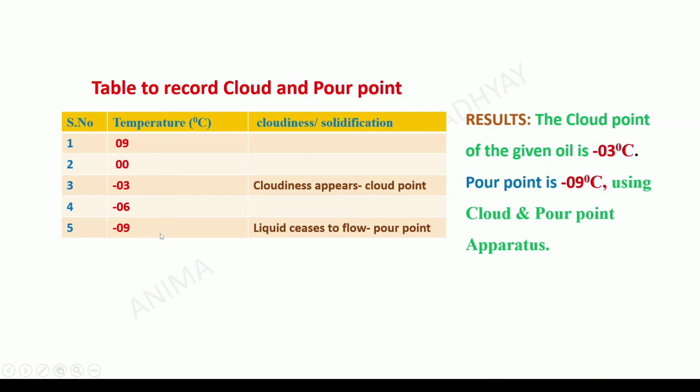On further lowering the temperature, at -9 degrees, the oil became solidified and this was recorded as the pour point. So the results are shown how they should be mentioned.